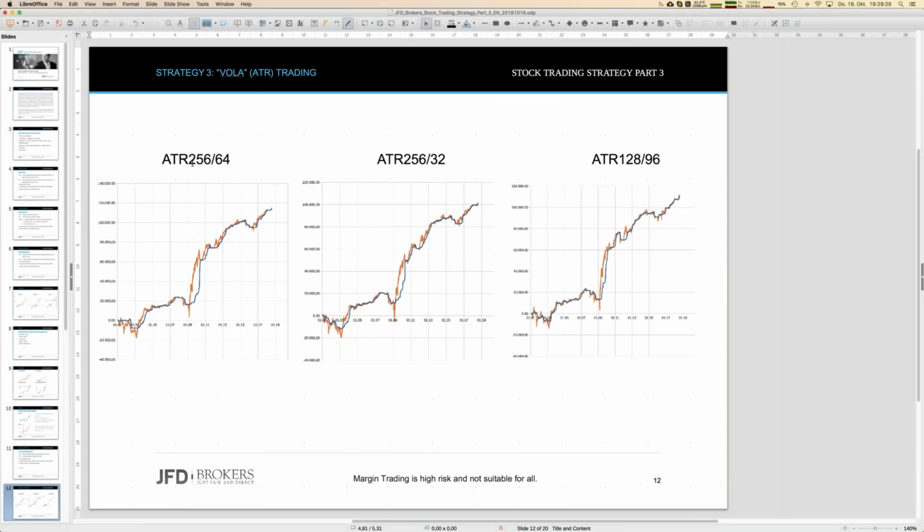What do we realize? First, it worked. It worked out. So we have, once again, a quite easy and simple strategy. It's volatility trading. And even only with volatility trading, we can achieve already results of about 100,000 profit. But now the but.